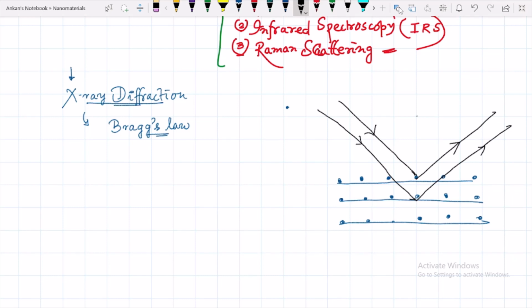Okay, so if I draw a normal, then this will be the incident angle and this will be the reflected angle, which is also theta.